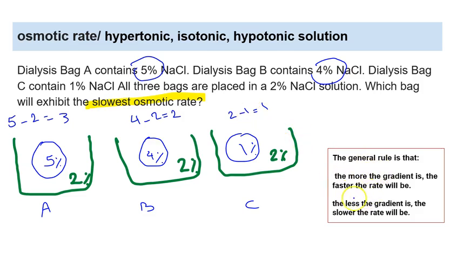Based on our rule, the one with the less gradient would have the slow rate. Between 3, 2, and 1, dialysis bag C has the least gradient, so it would have the slowest osmotic rate among these three bags.